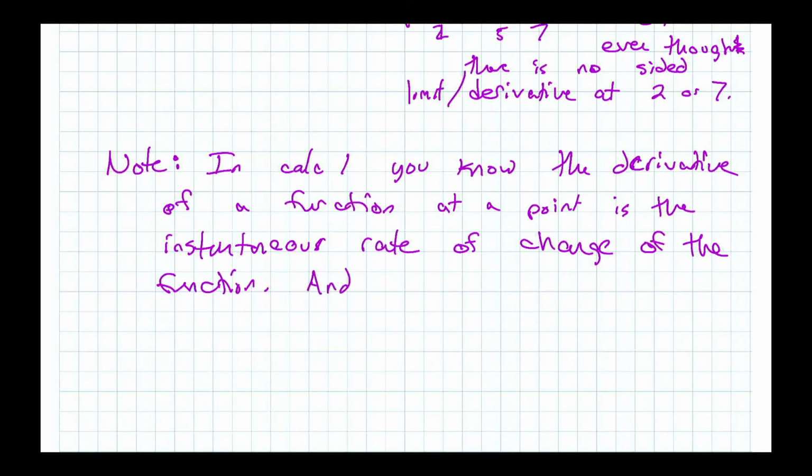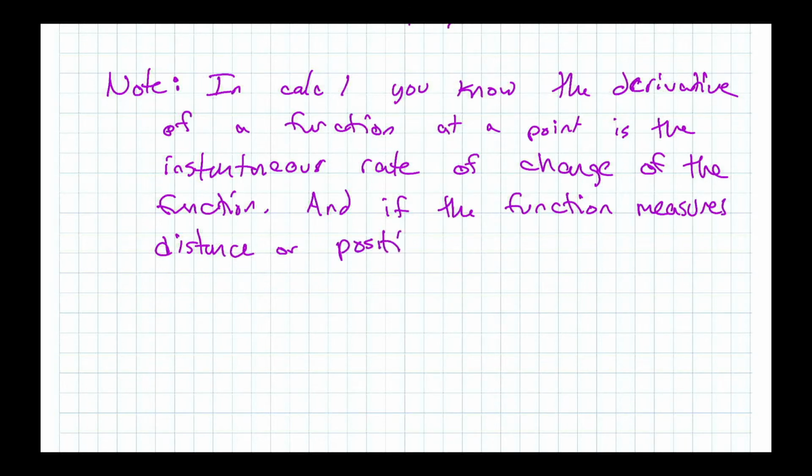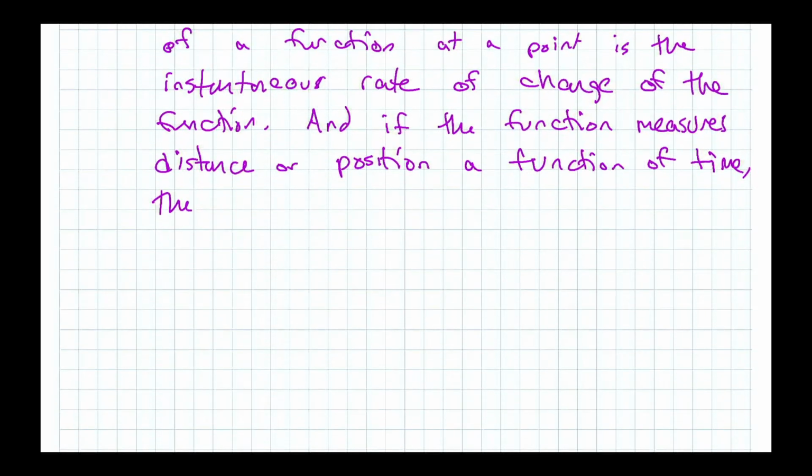And if the function measures distance or position as a function of time, the derivative is velocity, instantaneous velocity.